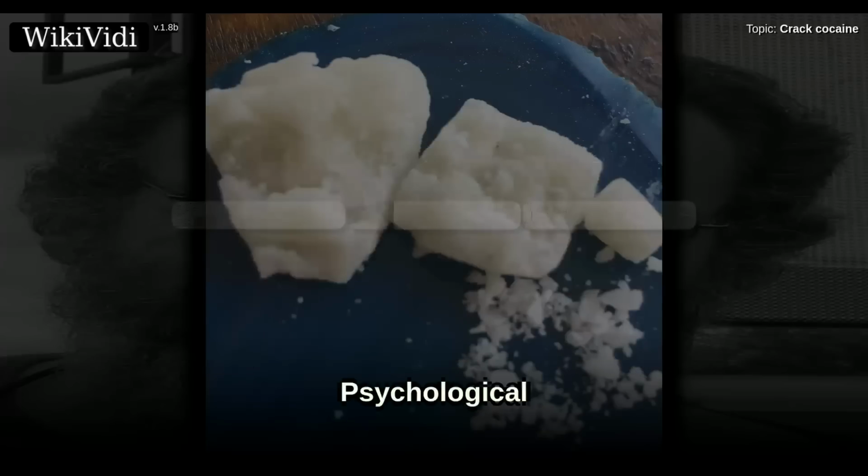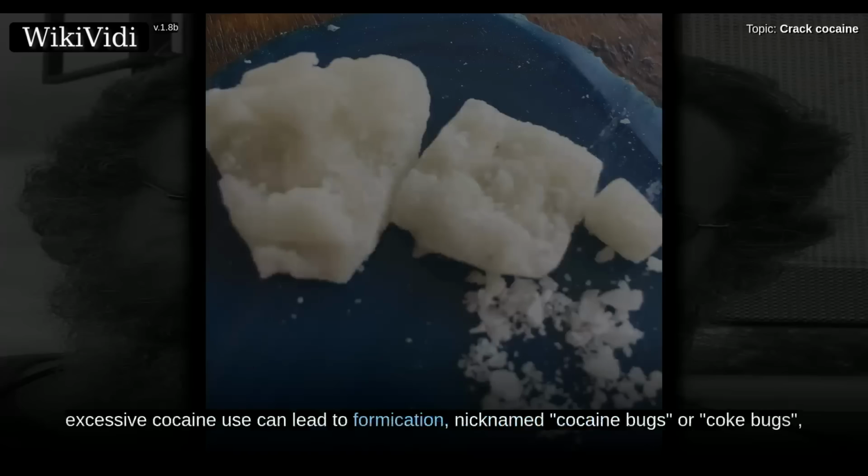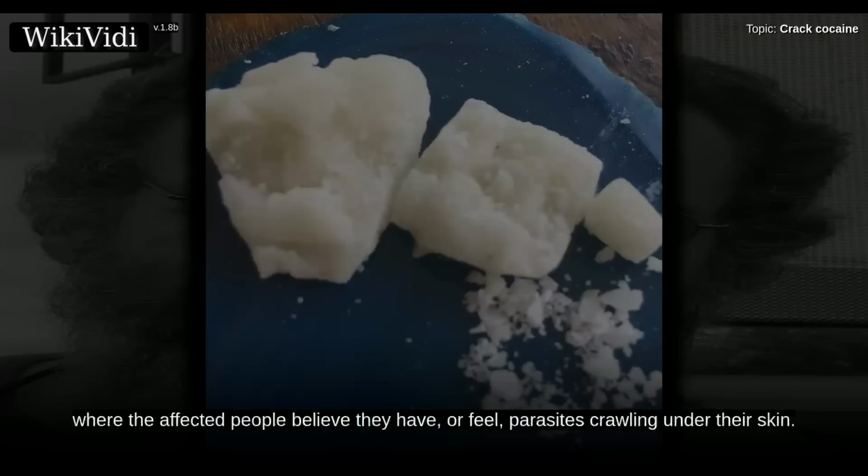Psychological. Stimulant drug abuse can lead to delusional parasitosis. For example, excessive cocaine use can lead to formication, nicknamed cocaine bugs or coke bugs, where the affected people believe they have or feel parasites crawling under their skin.